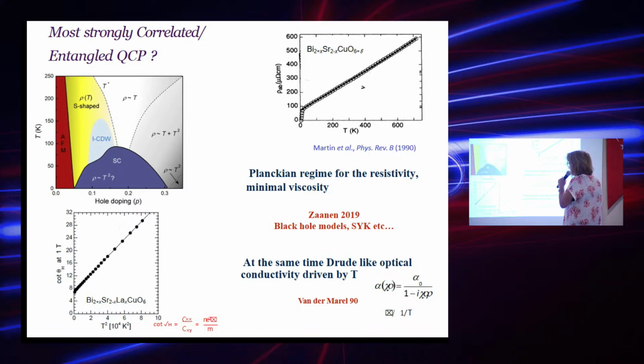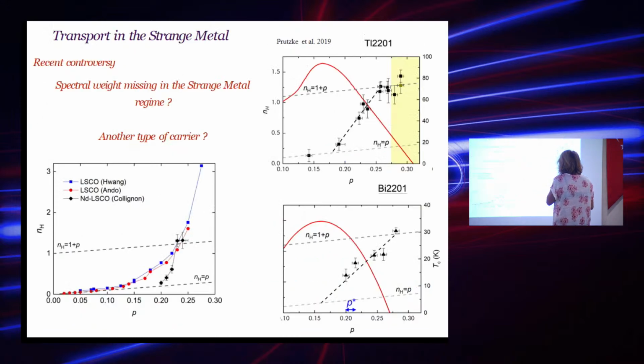So if you just do a simple electron model or free carriers model for that, here you extract a lifetime which is inversely proportional to T, and here inversely proportional to T squared. So you have two lifetimes. The way we try to deal with that is a tough problem.